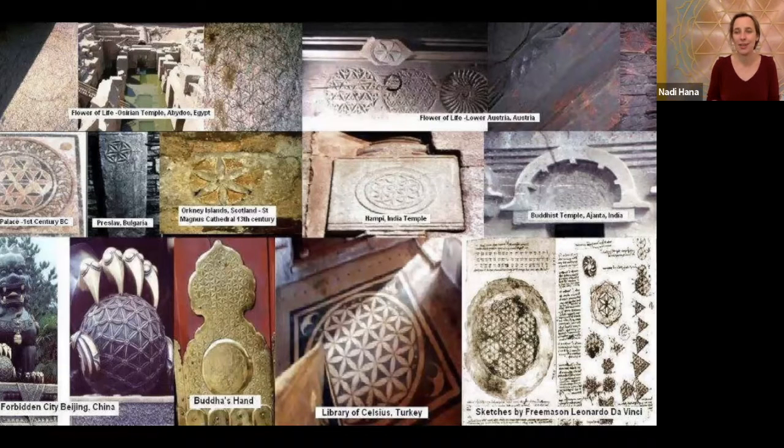Where did it originate? If it's everywhere, where did the geometry come from? The underlying issue is that it suggests intelligent design, right? It suggests some sort of overall orchestration. And so that's one aspect, that universal aspect of sacred geometry that makes it so profound.